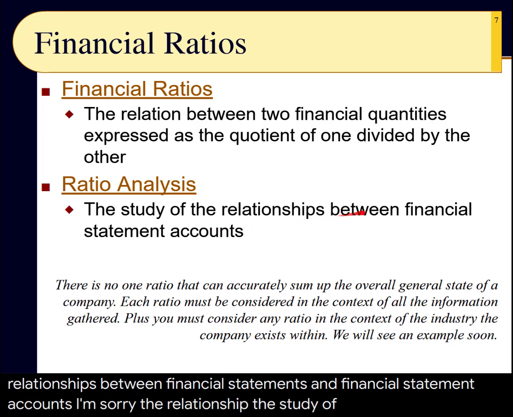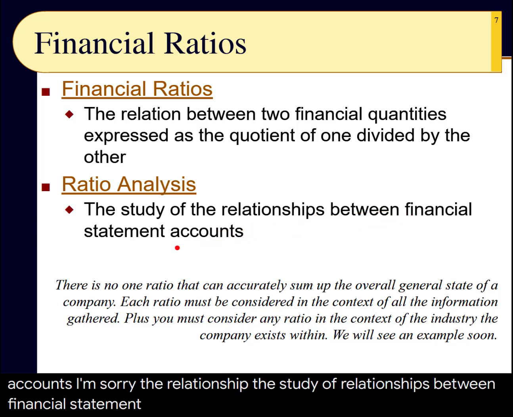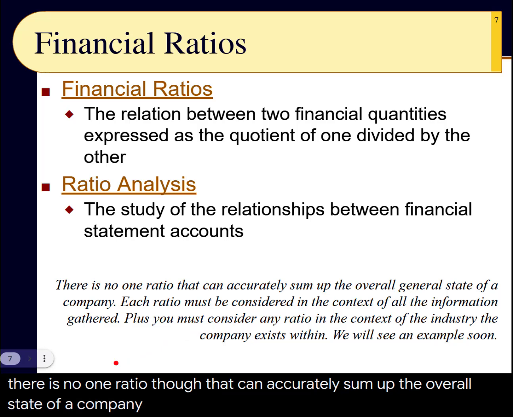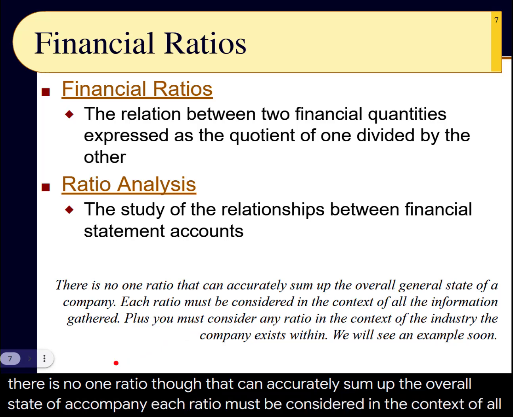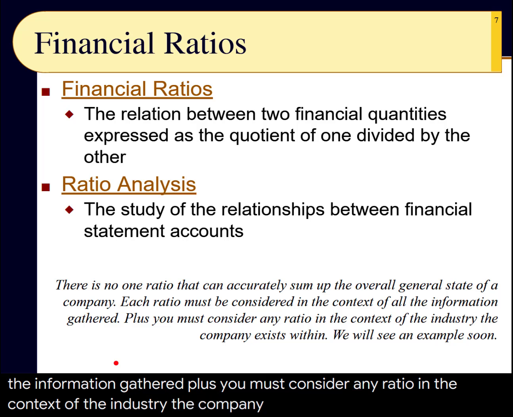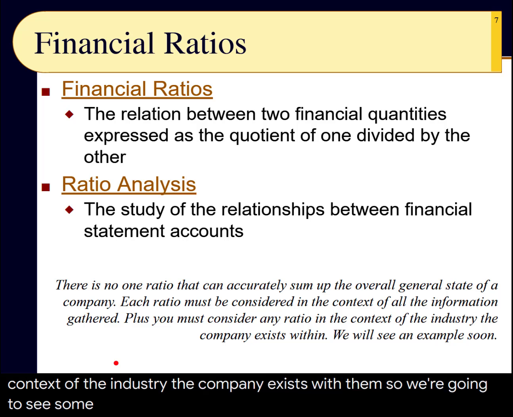There is no one ratio, though, that can accurately sum up the overall state of a company. Each ratio must be considered in the context of all the information gathered. Plus, you must consider any ratio in the context of the industry the company exists within. So we're going to see some examples soon.